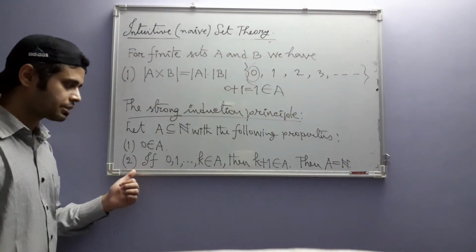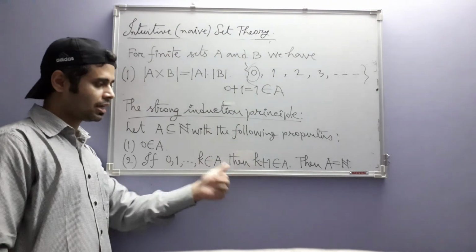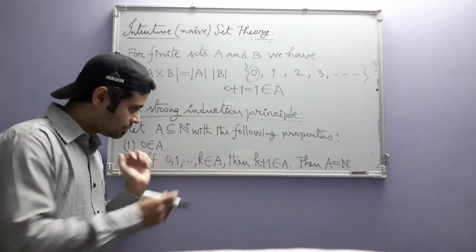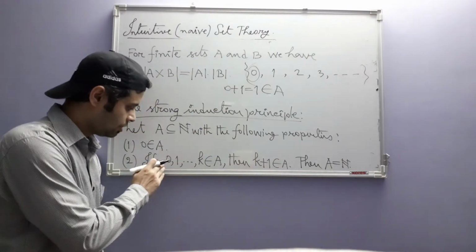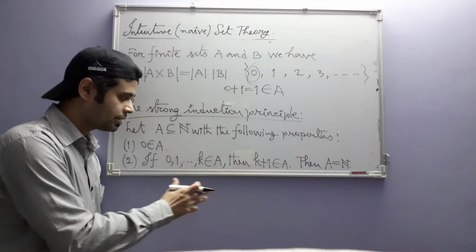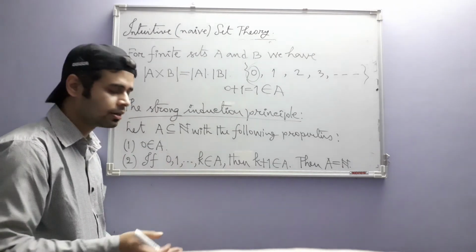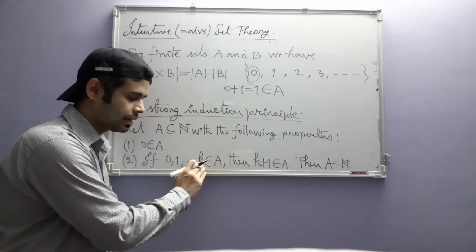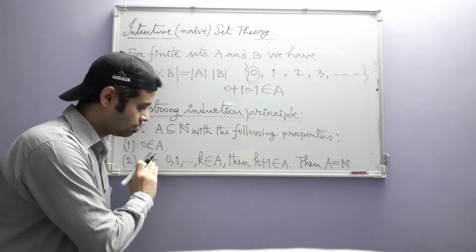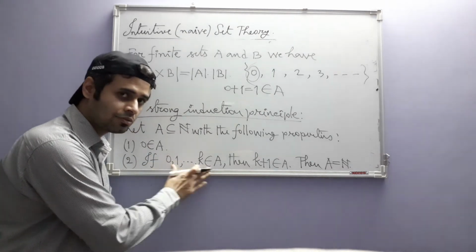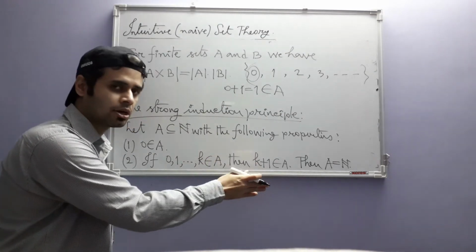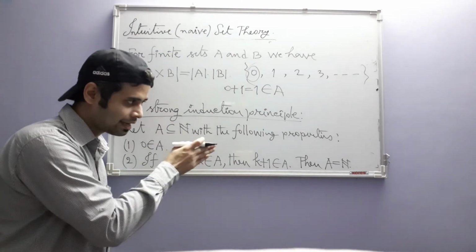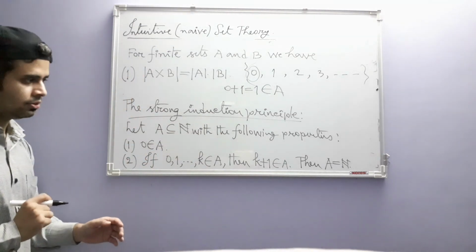So instead of just assuming that k belongs to A implies k plus 1 belongs to A, see, if then means implies, right? This statement is also an implication. We are assuming an implication where the hypothesis is stronger. Instead of k belonging to A, we are assuming that all the natural numbers starting from 0 all the way through k belong to A, then k plus 1 belongs to A. If these two properties are satisfied by A, then A has to be equal to N. Okay.